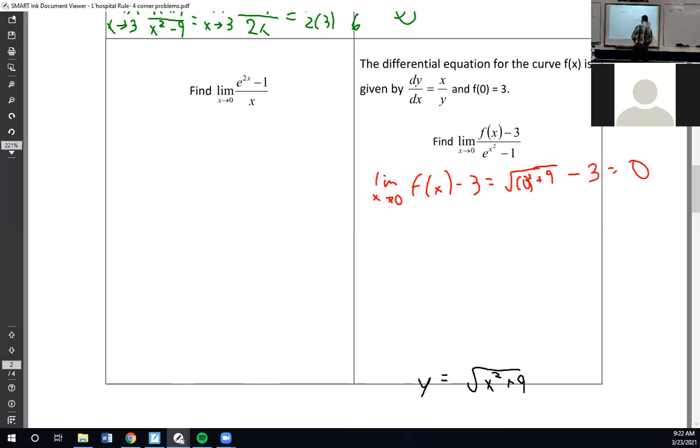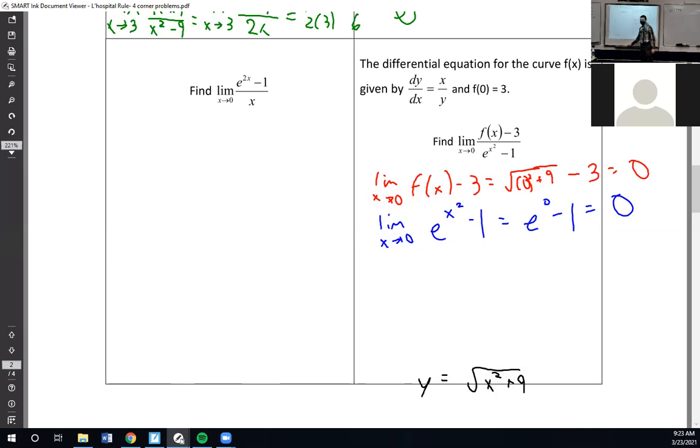Now let's see what the limit of the bottom is. Limit of the bottom. Oh, that's going to be e to the 0 minus 1. e to the 0 is 1, minus 1 is 0. There we have it.